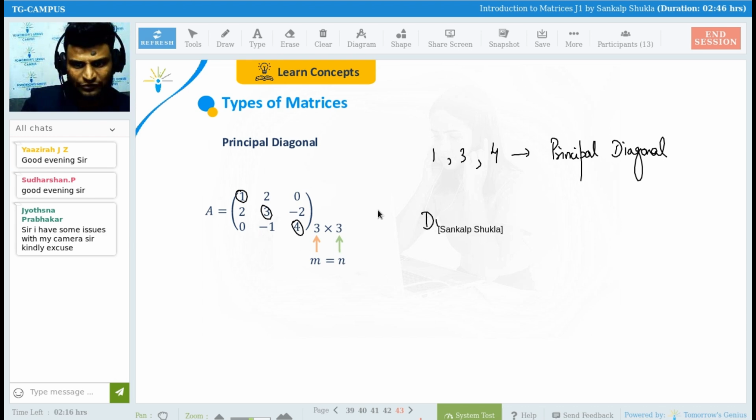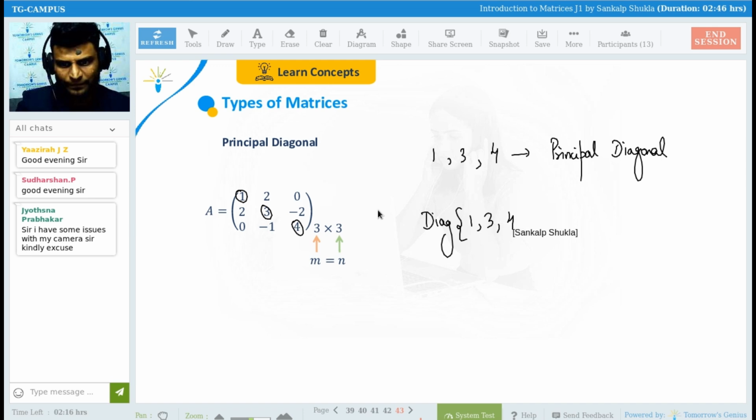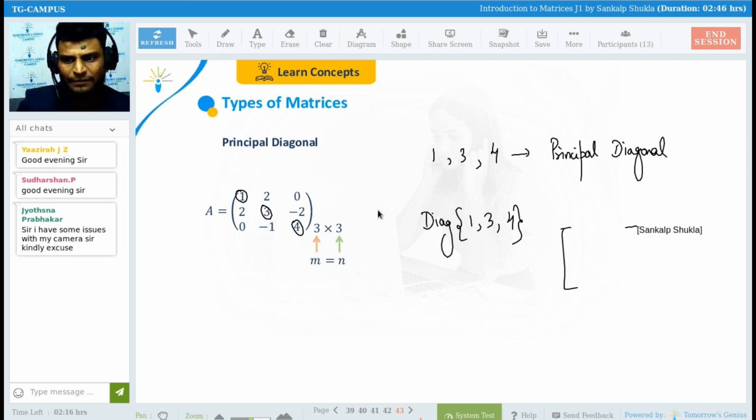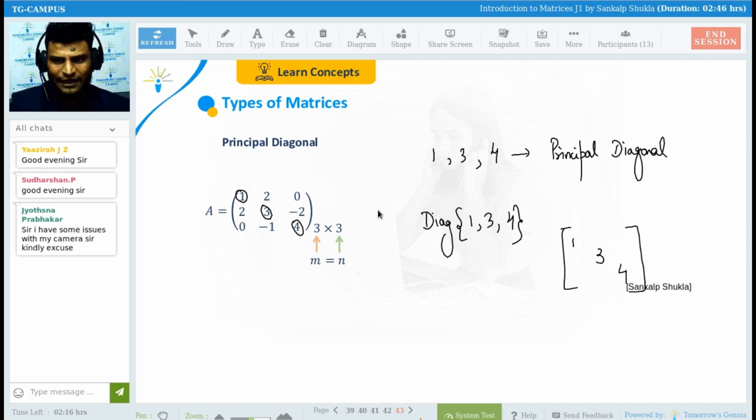It is also represented sometimes as DIAG 1, 3, 4. That means a matrix having 1, 3, 4 as its principal diagonal. The other elements could be anything, A, B, C, D, E, F, but 1, 3, 4 I know because this is written.